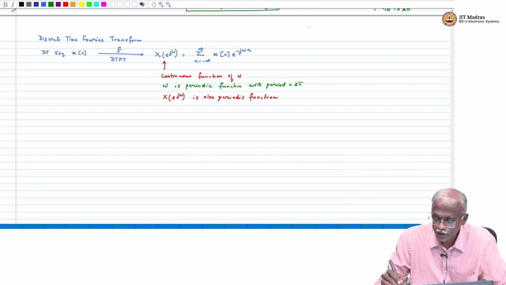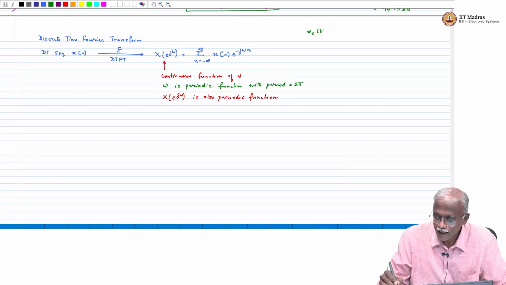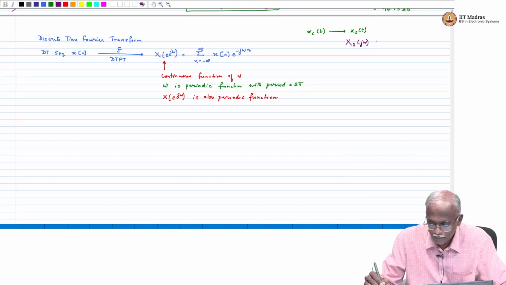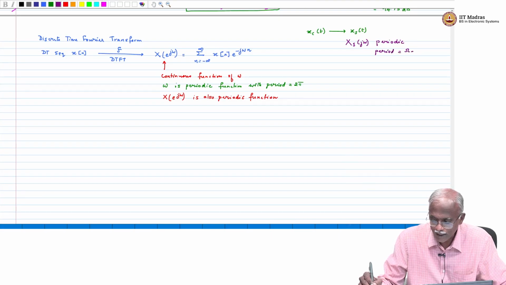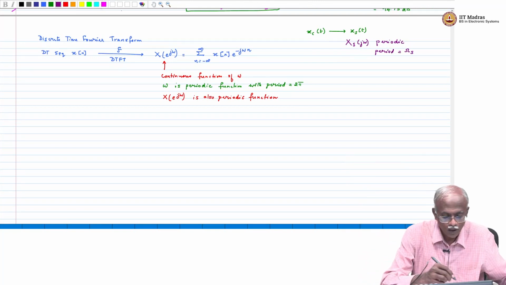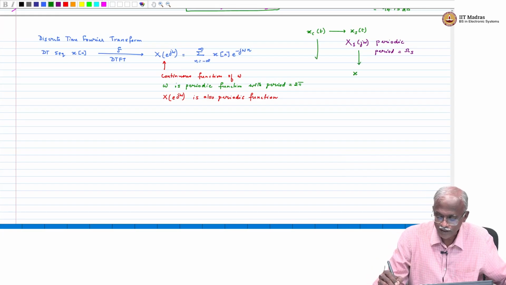So in the process of conversion from x_c(t) to x_s(t), this X_s(jω) was periodic, and the period was equal to ω_s, because you saw repetitions of the spectrum. This is what eventually got converted to x[n].